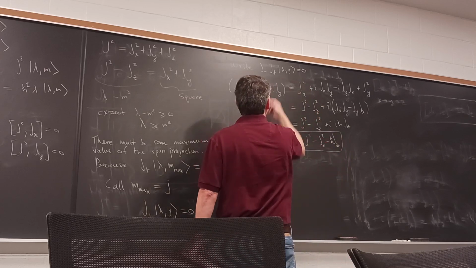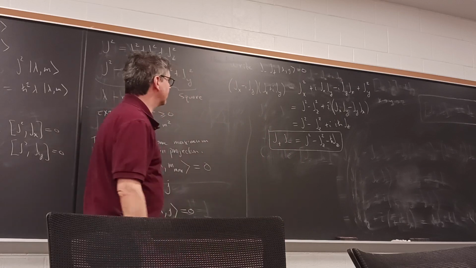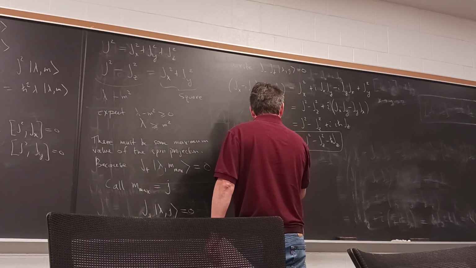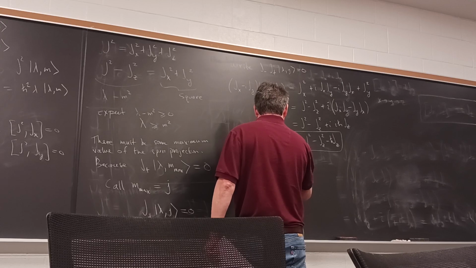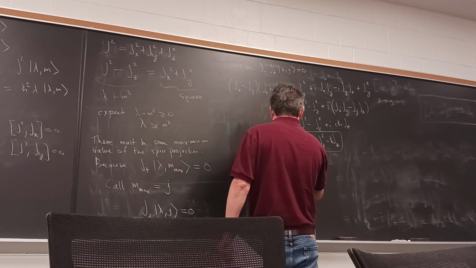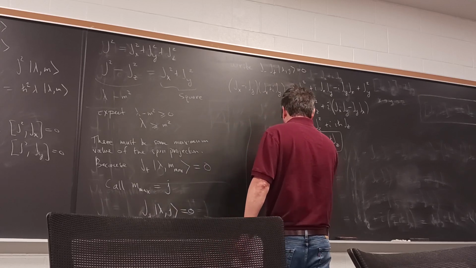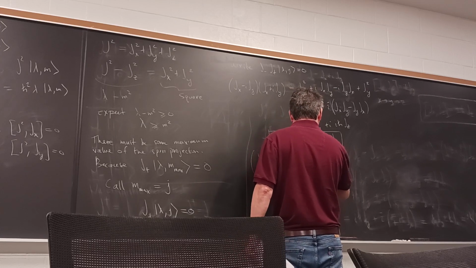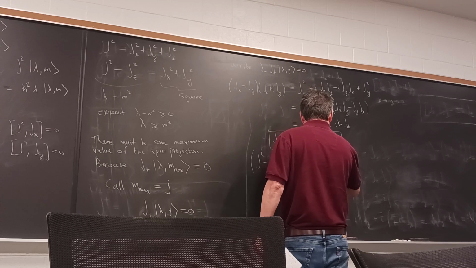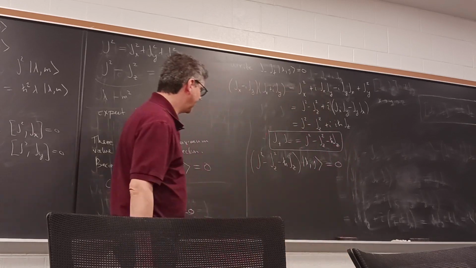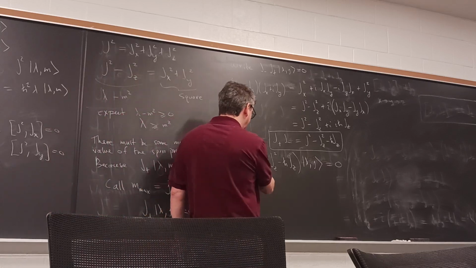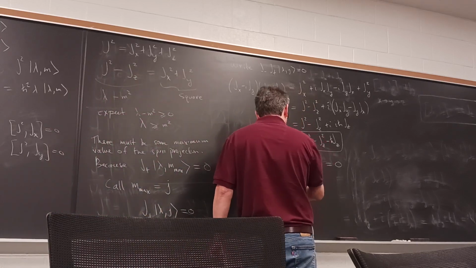So let's let it operate now on our ket lambda j and see what we get. We'll have j squared minus jz squared minus h bar jz operating on lambda j, and that has to equal zero. But we can just go back to our definitions, what we wrote down for jz and j squared.